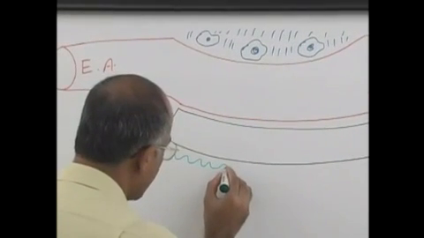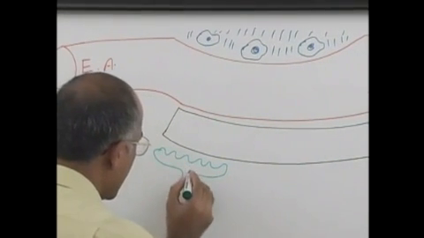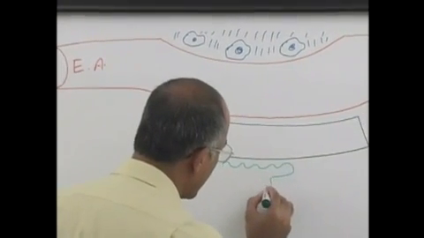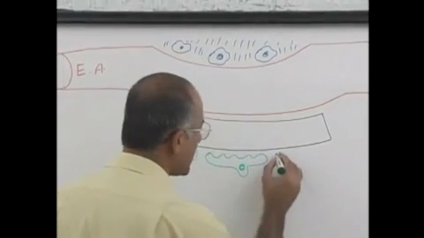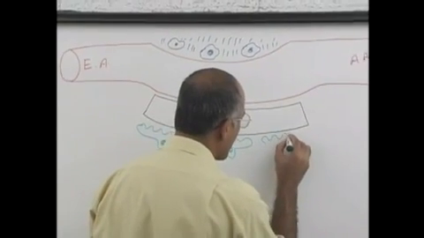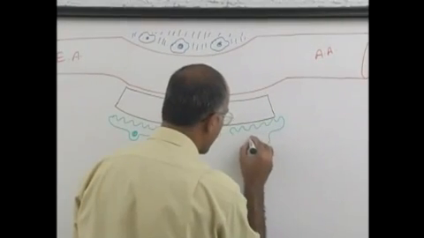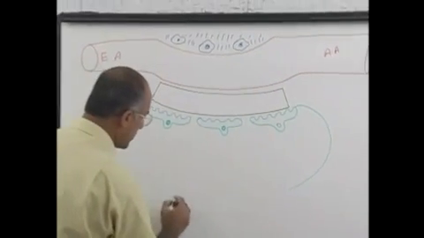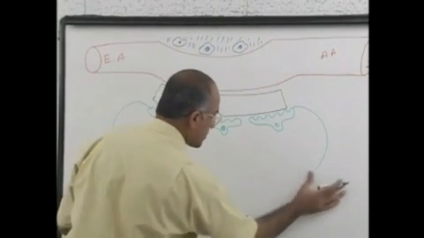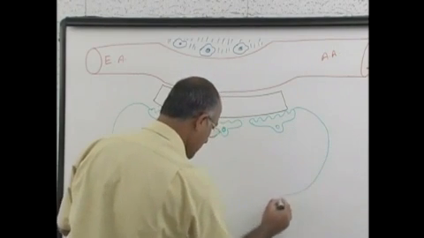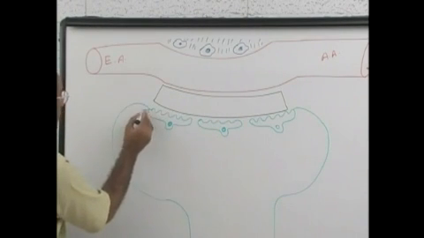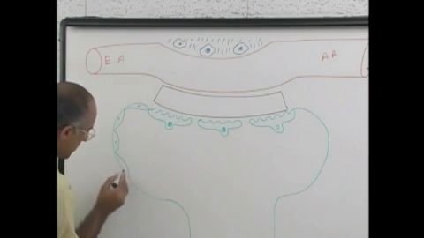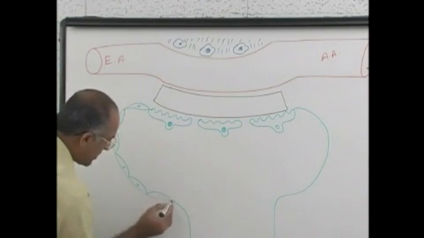Visceral epithelial or parietal epithelial? Yeah, visceral epithelial. Right? And here is your Bowman's capsule space. Here is, of course, what are these cells? Yeah? Parietal epithelial cells.